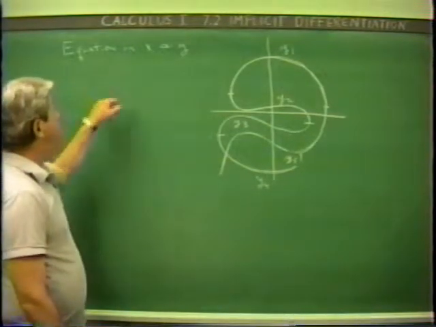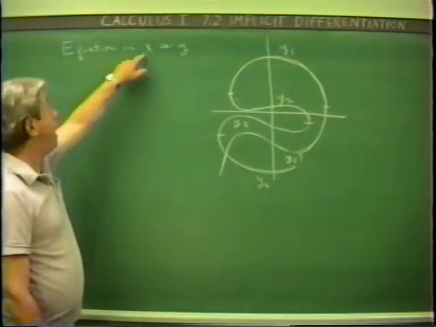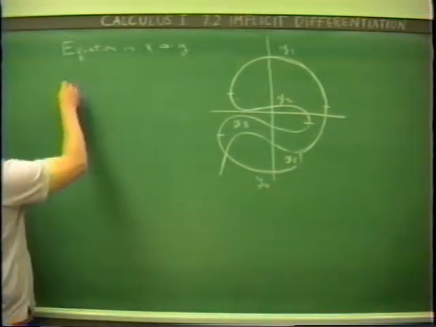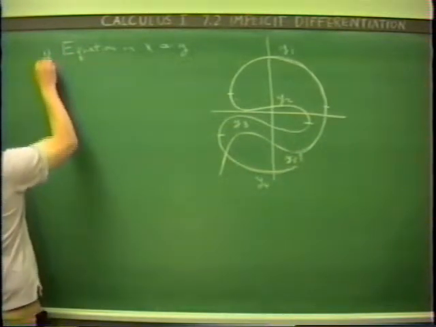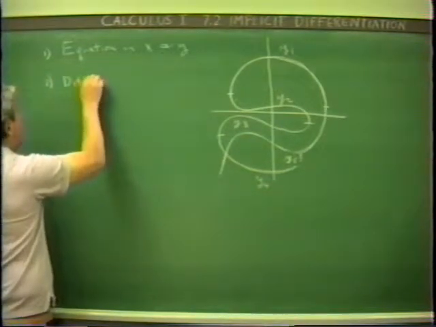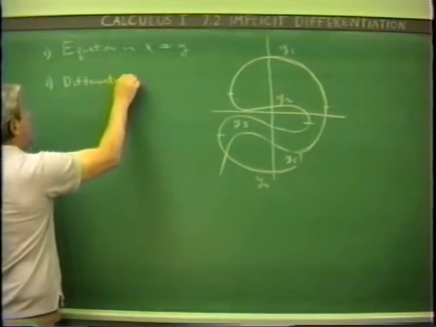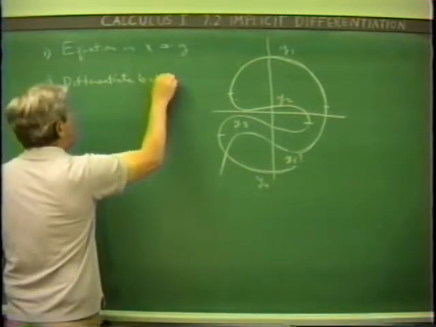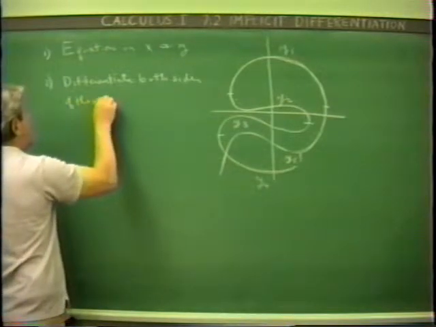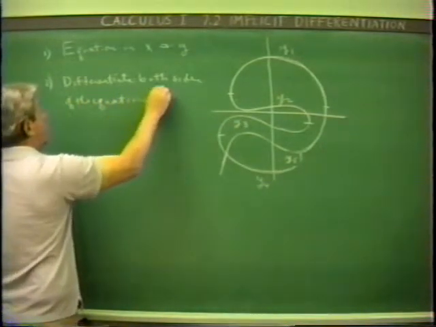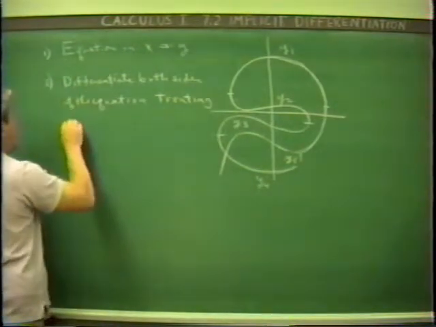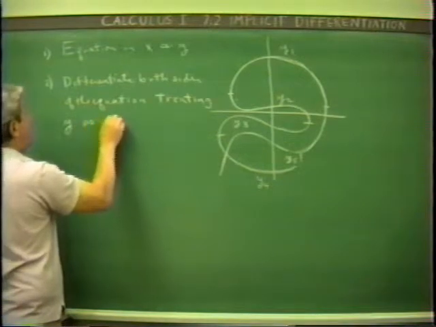Now, the idea behind implicit differentiation is to take the equation in x and y and treat y as if it were a function of x. So first you start with an equation. The second thing you want to do is to differentiate both sides of the equation, treating y as a function of x.